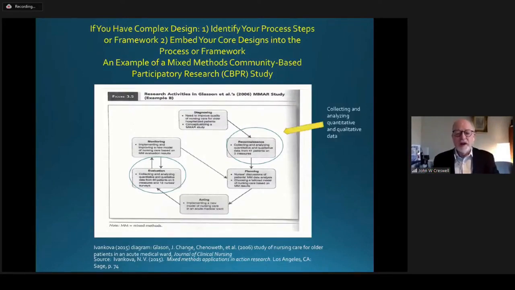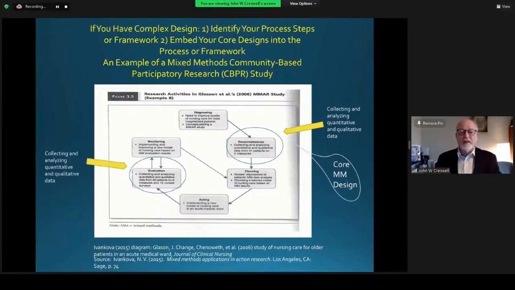Then the second step in this is to identify where you have the opportunity to collect both quantitative and qualitative data. And here's this box on reconnaissance where they're collecting both forms of data. And now, how are they collecting both forms of data? Merging the two databases, having one build on the other, you can specify the core design.